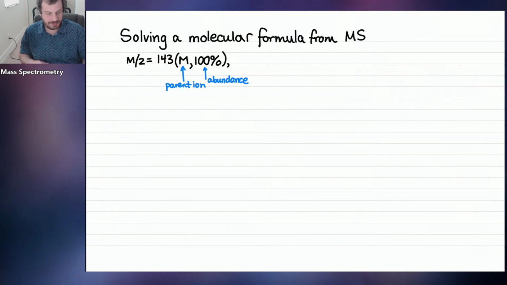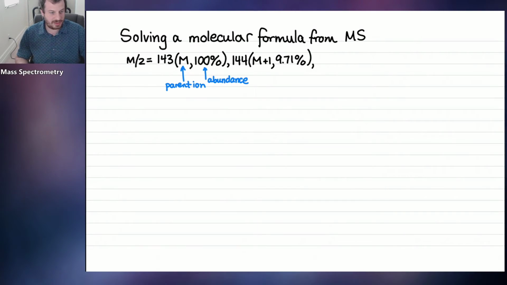Okay, the next peak is 144. Now, that must be the M plus 1 peak, and so you'll oftentimes see that written, even though it's pretty obvious that if 143 is the M, then 144 is the M plus 1, and the abundance is 9.71%.